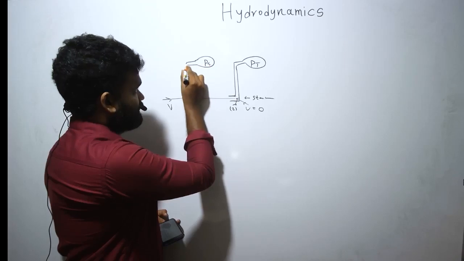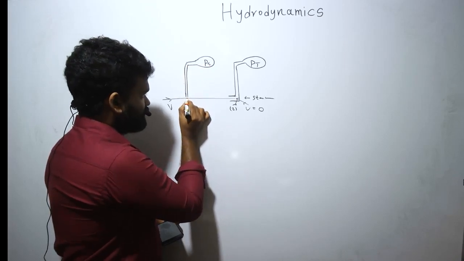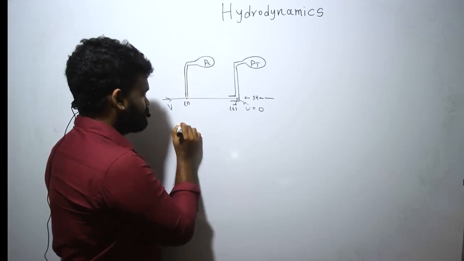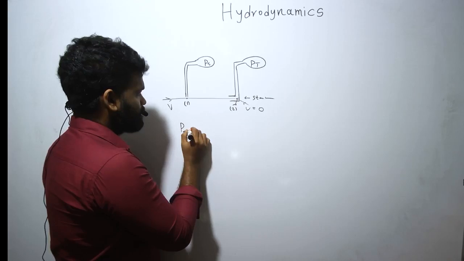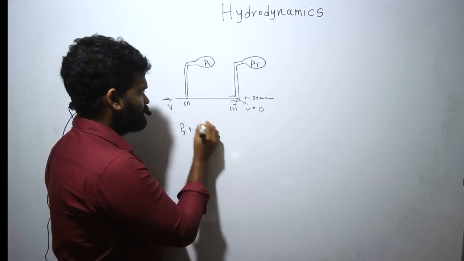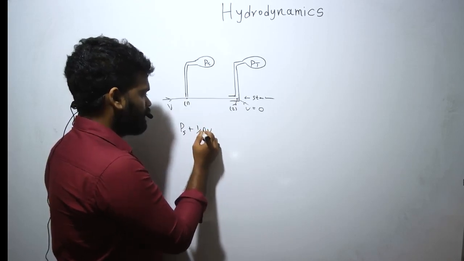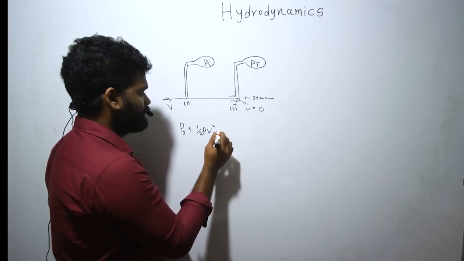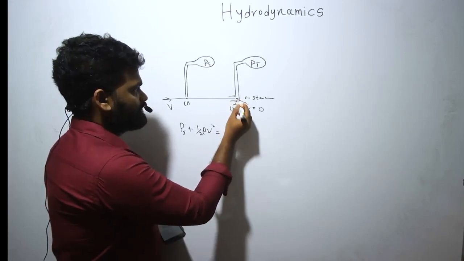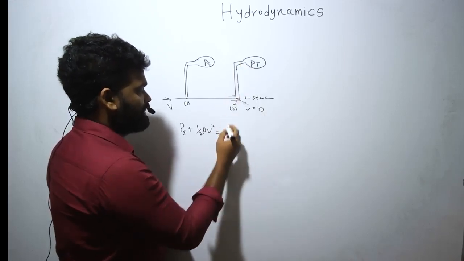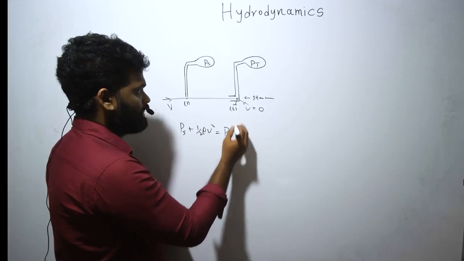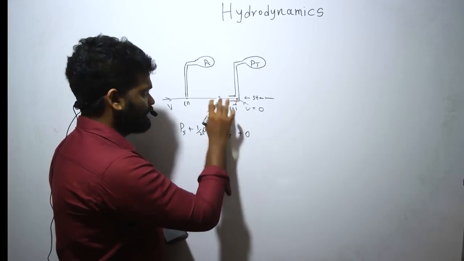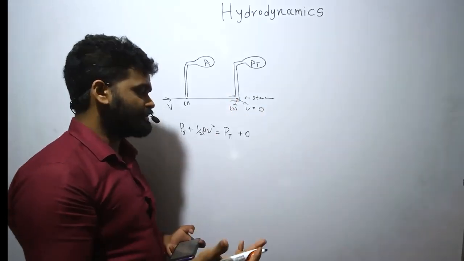This is hydrostatic pressure. It is measured the pressure like here. So it is PS, plus there's a velocity to the air stream. So half rho V squared equals pressure here. It is measured as PT. And the velocity is 0. We don't have a H rho G term as well.